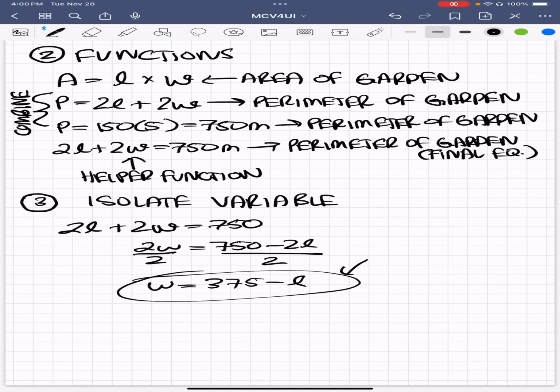And what we're going to do is input the w function into the area of the garden function. That way you are only left with one variable.